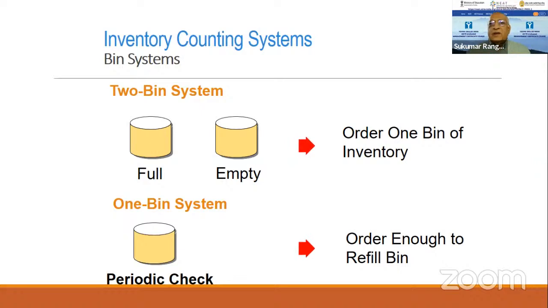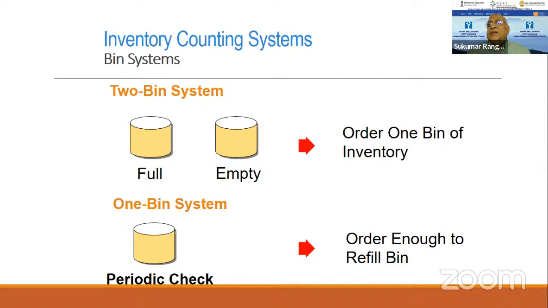Well, let's put it that way, very simple. The level of quantity in that will be equivalent to the buffer stock and the stock which is needed till the replacement material reaches there.